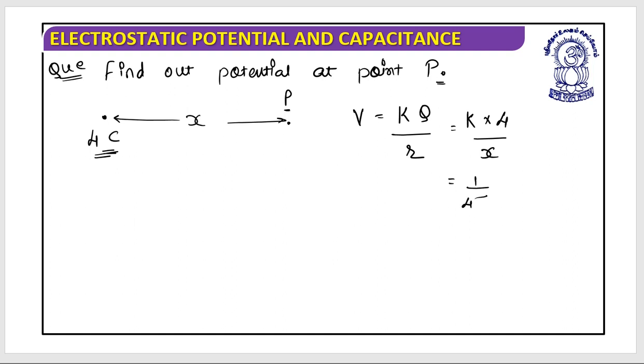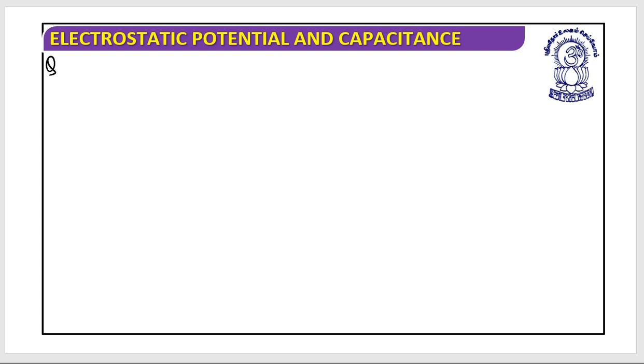You can replace K by 1 upon 4 pi epsilon naught into 4 by x, and it could be 1 by x pi epsilon naught, because the 4 will cancel the 4 in 4 pi. Again, the unit would be a volt. Yes, very easy. So let's increase the difficulty level and move on.